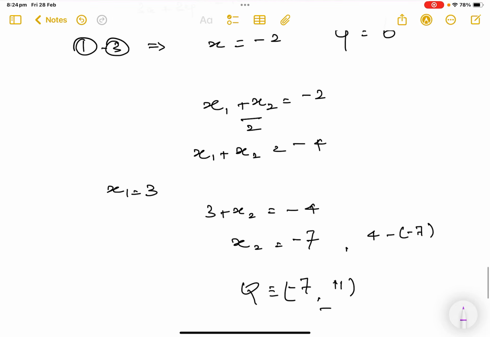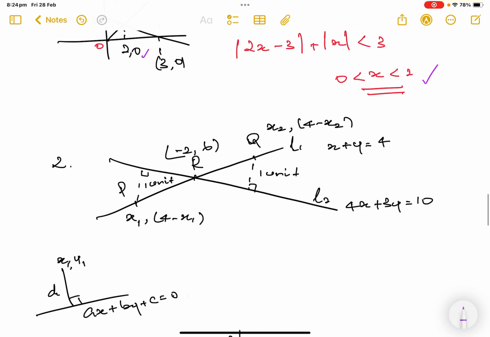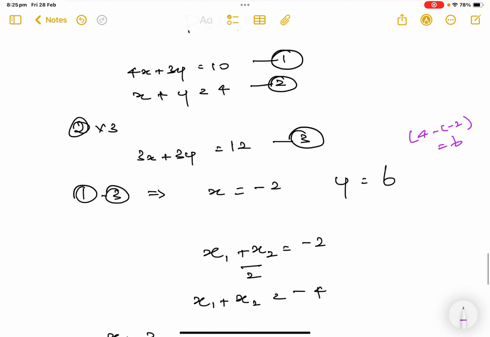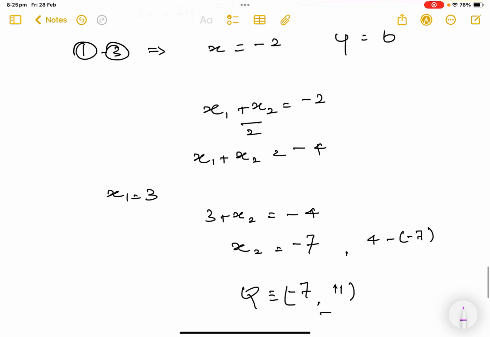Right. If you look at these two triangles, the perpendicular is 90 degrees, and these two angles are equal, therefore these two triangles are congruent, therefore PR equals RQ.